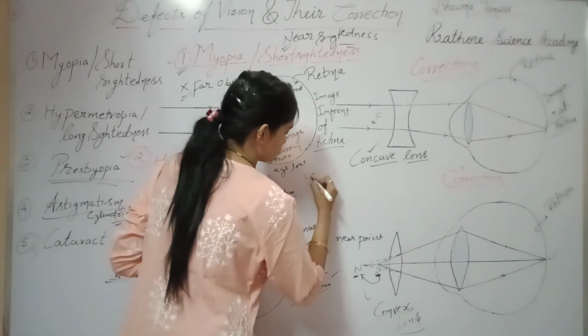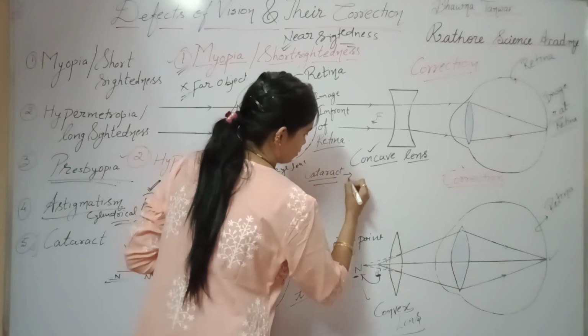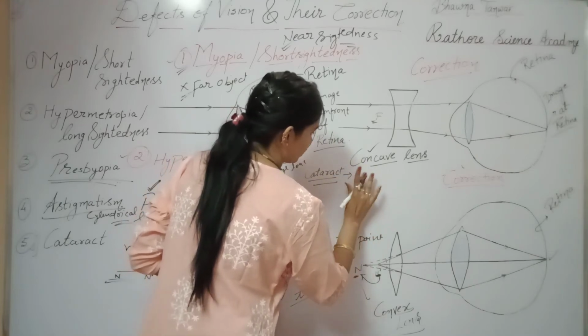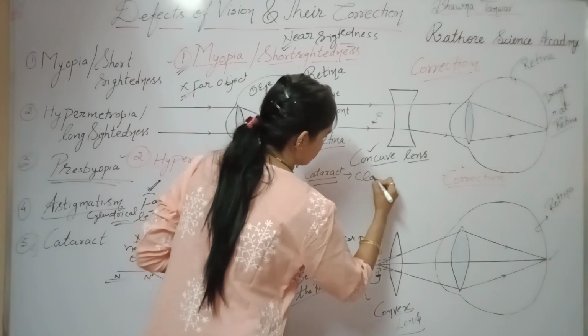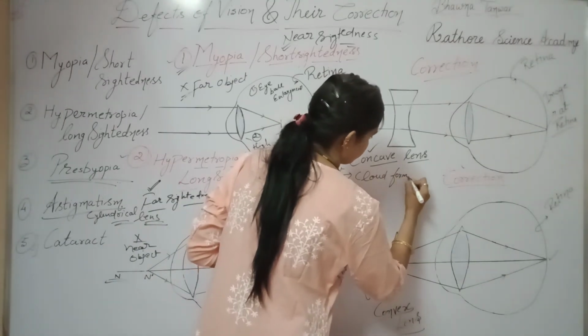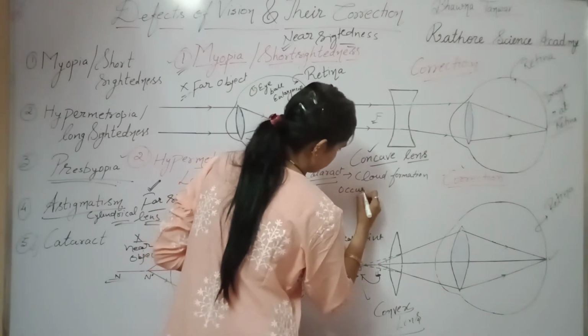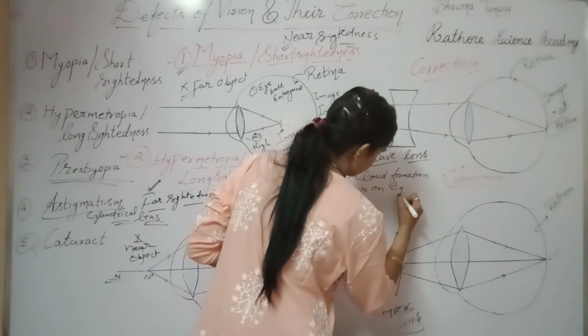What we have discussed in cataract: old age, cloud formation occurs on the eye lens.